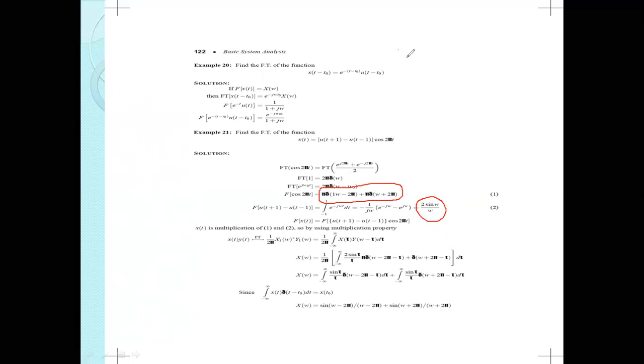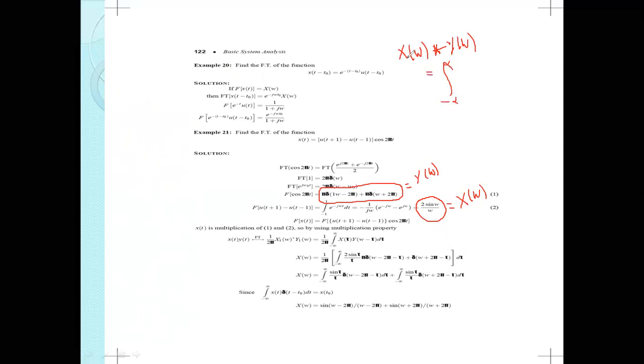So according to the convolution of X of omega with Y of omega, consider this as Y of omega and consider this as X of omega. What is the formula for this one?